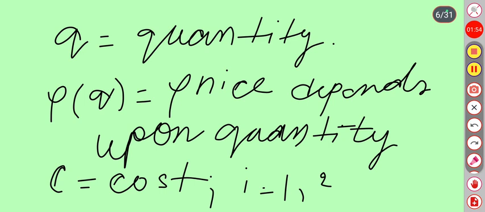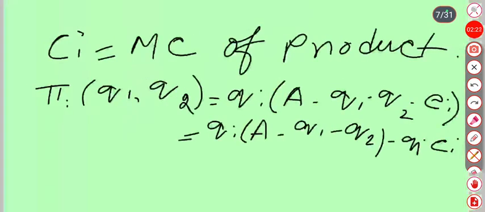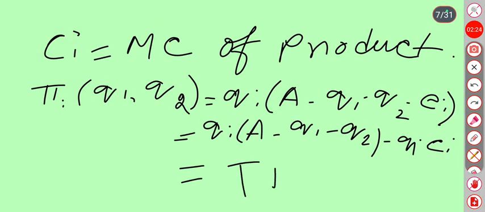Multiplying out, we get Qi times (A minus Q1 minus Q2) minus Qi times C, that means total revenue minus total cost. This is for the ith firm.